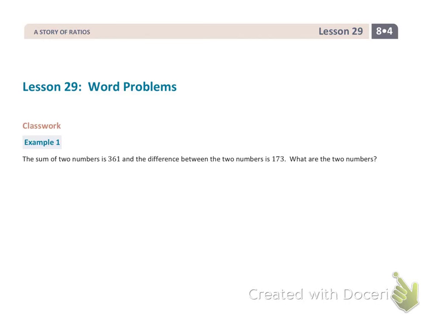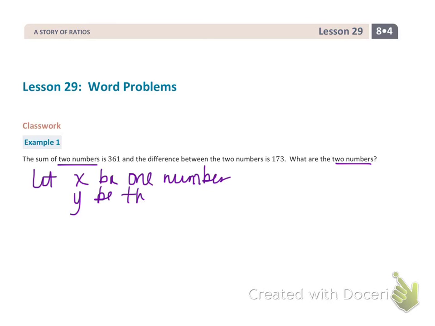I notice that I've got two numbers, and I'm needing to figure out what the two numbers are. So I could have two variables here. I could let x be one number, and I'll let y be the other number.